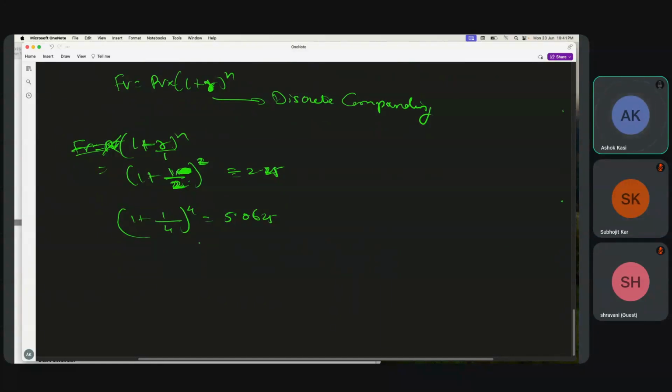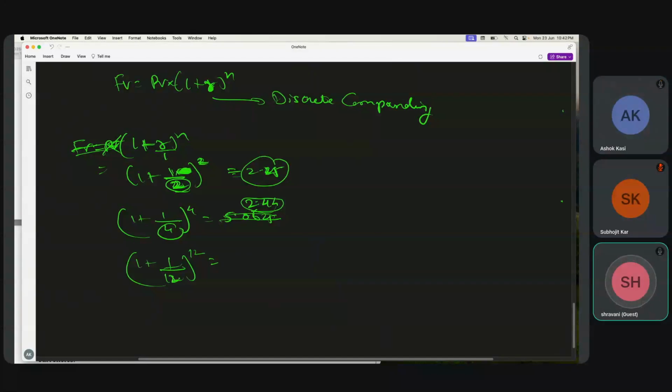Then is it 5.0625? I made a mistake, I took two. Sorry, calculate again. It's 2.44. Yes, 2.44. So you see, when the frequency of payment is going up, this number is also going up. Now, if I change it to quarterly, then monthly.